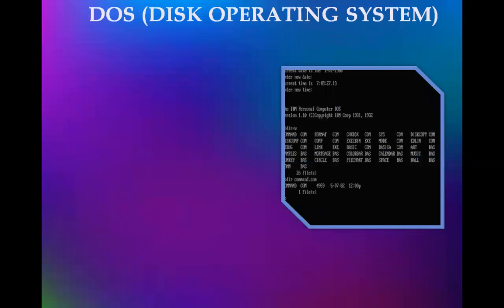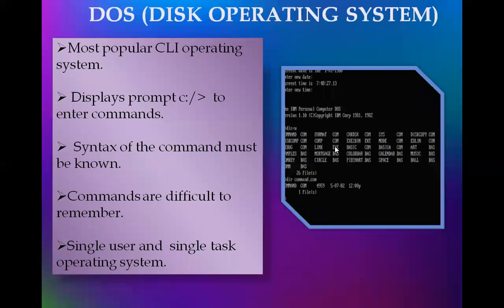Here is the interface of Disk Operating System, consisting of some commands like format, comp, link, check disk, basic, pie chart, etc. Disk operating system is the most popular CLI operating system.